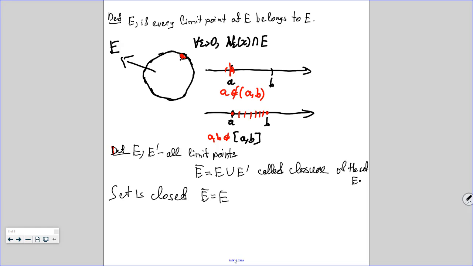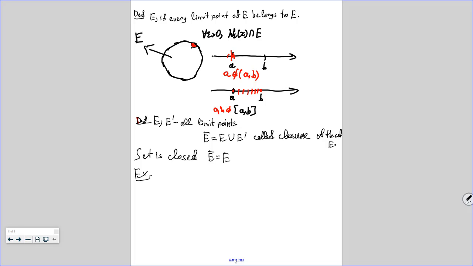Now let's do a couple of examples. Let's consider the set of natural numbers. As you remember from the previous example, the set of limit points of the natural numbers is the empty set. Therefore, the natural numbers are closed, since there are no accumulation points and no points we can add.